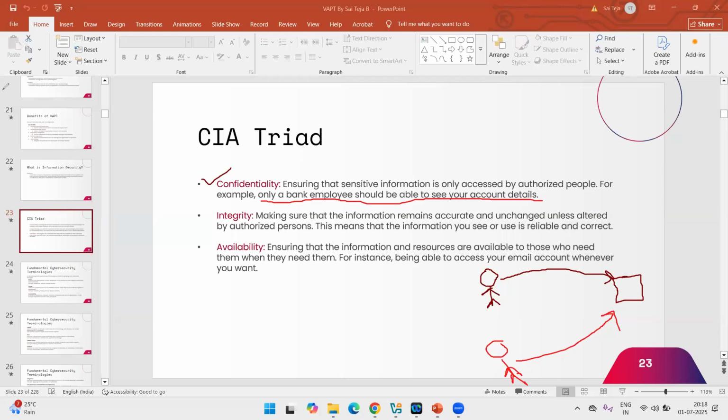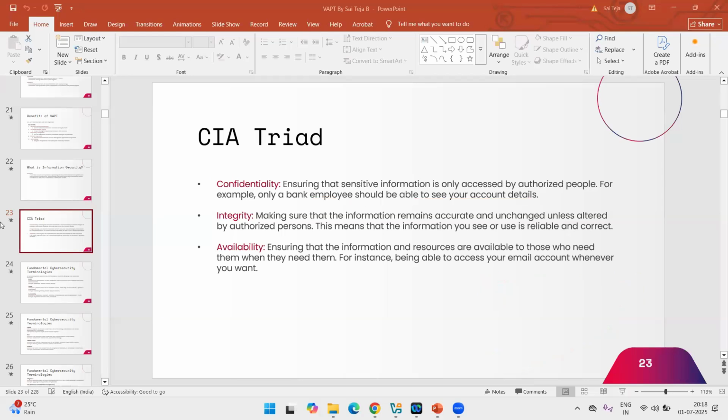And what is meant by integrity? I think confidentiality is clear, right? Yes. Okay. So what is meant by integrity? Let's take an example.